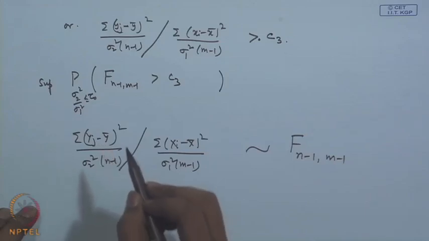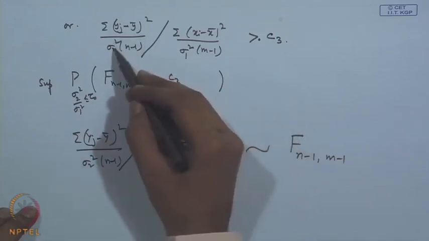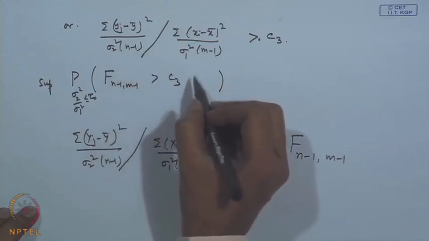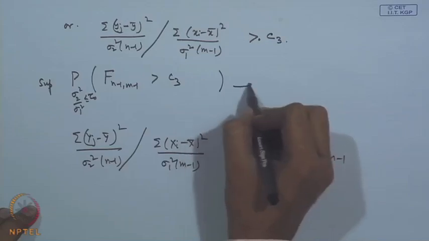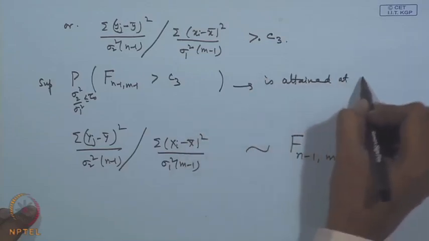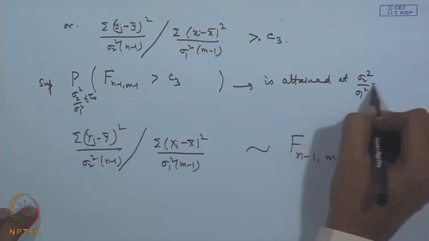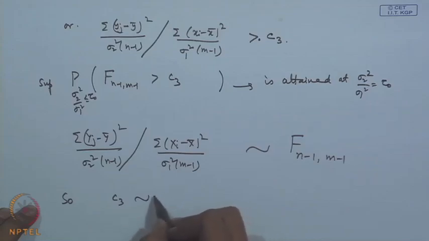I adjust this term and I get here the maximum is attained at sigma 2 square by sigma 1 square equal to tau naught. So, C 3 we then take as F(n minus 1, m minus 1, alpha).